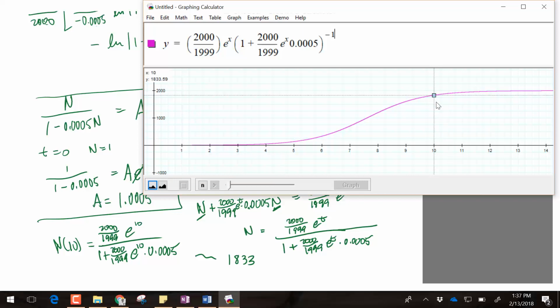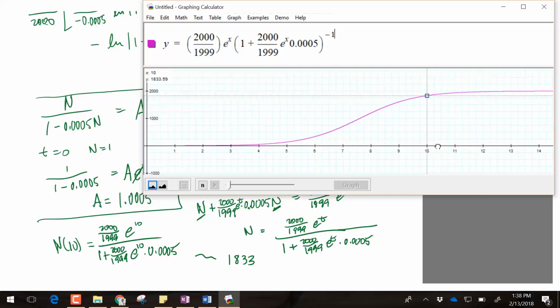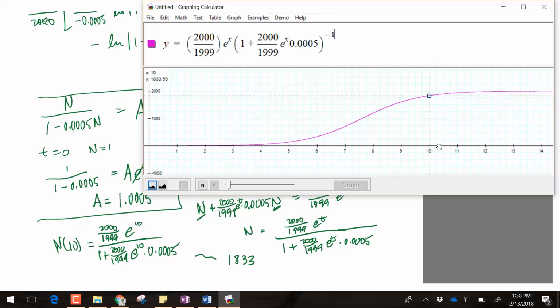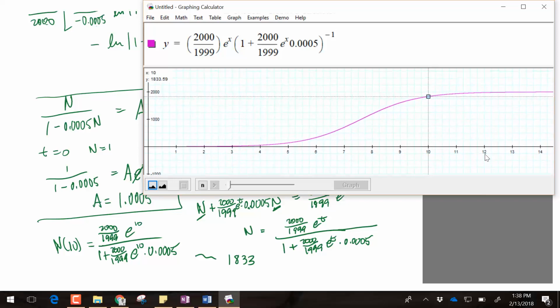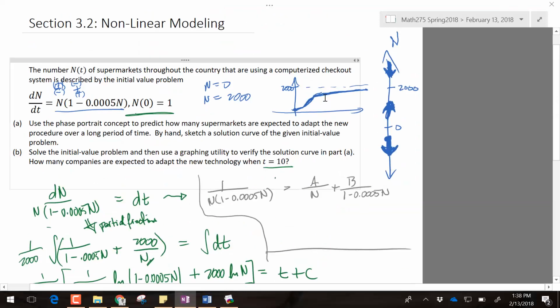So this is t is equal to 10, and then your y or your vertical axis is 1833. This picture isn't going to fit. So that's kind of like what we sort of envisioned the graph to be based on our phase portrait.